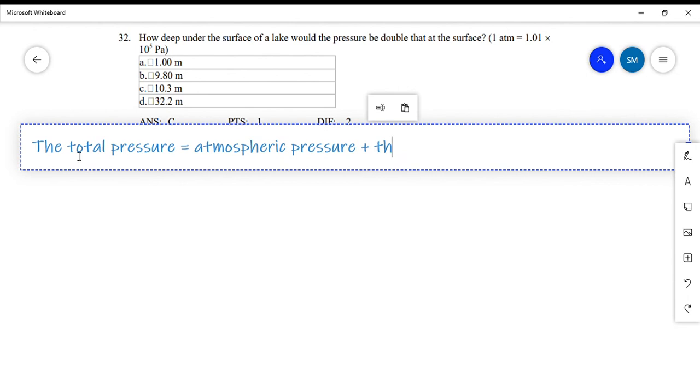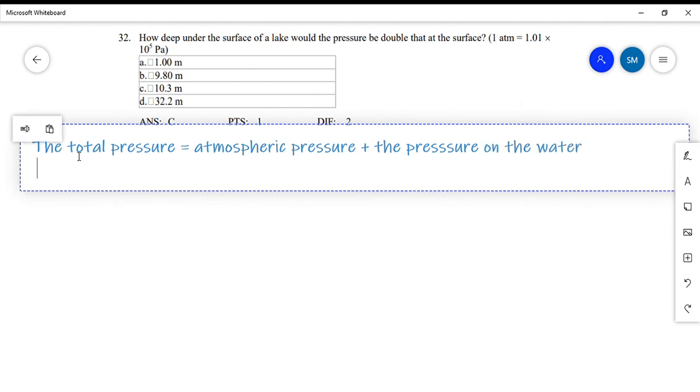It's a lake, so it's water. We all know the atmospheric pressure, and he gave it in the question, 1.01 times 10 power 5, plus the pressure in the water, which is simply, we will use this rule, H times the density times the gravity.